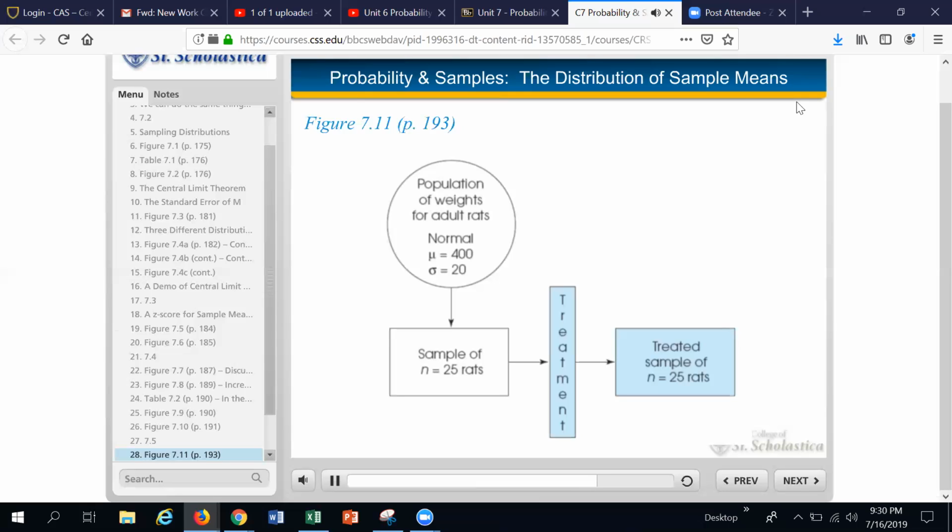Therefore, we would probably say that the mean of 410 is actually due to the growth hormone. It's not a guarantee that it is. We don't get absolute true answers to questions like this in science. But the probability is that the mean of 410 grams is probably due to the growth hormone, since it would be such a rare event just by chance sampling error.